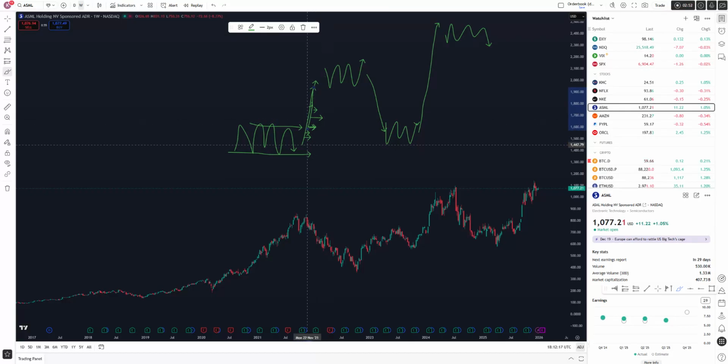This is what you call a very strong imbalance. Some people call it an impulse. You have a very strong impulse from this area, and this is where supply and demand comes from. This would be called a supply zone, or demand zone, whatever you call it. And a high probability trade could be here if you look for a retracement.